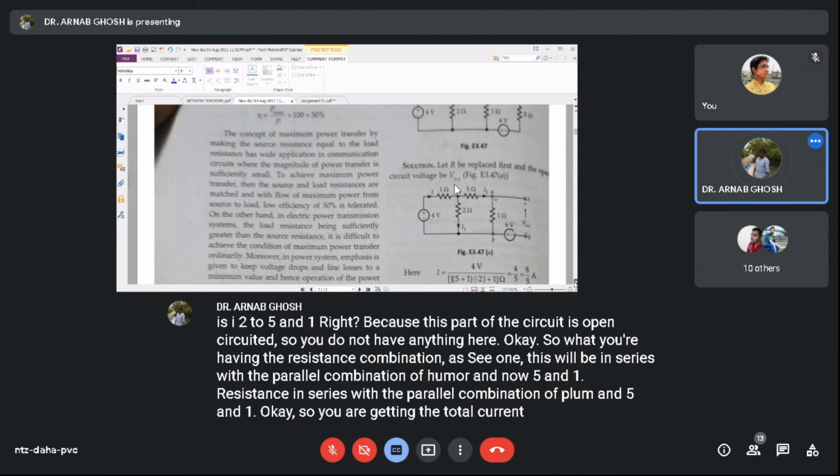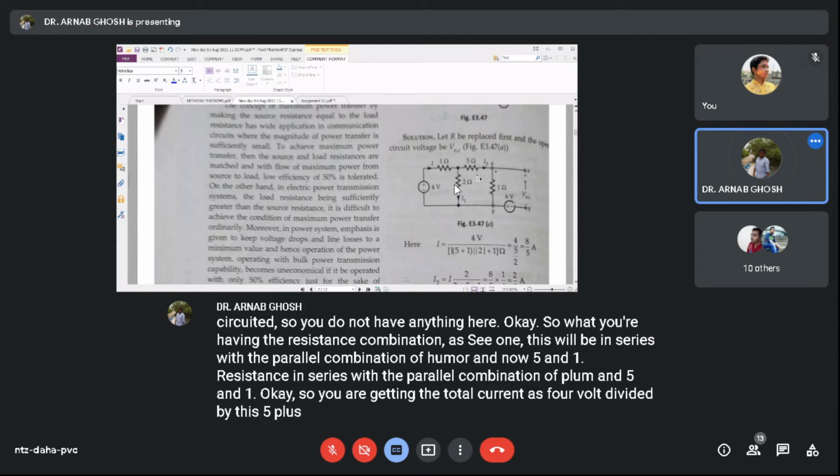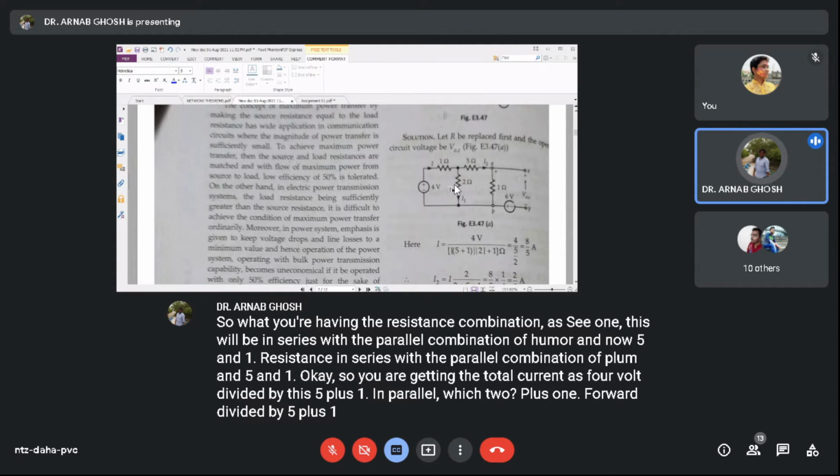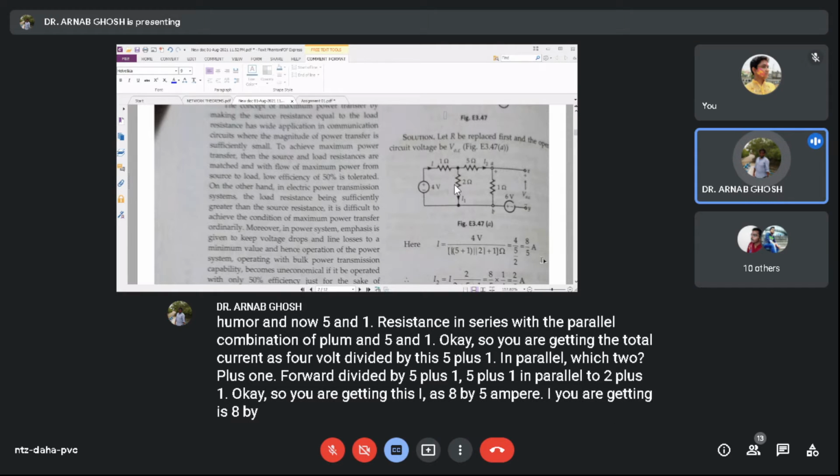So 4 volt divided by 5 plus 1 in parallel with 2 plus 1. So the current I you are getting is 8 by 5 ampere.